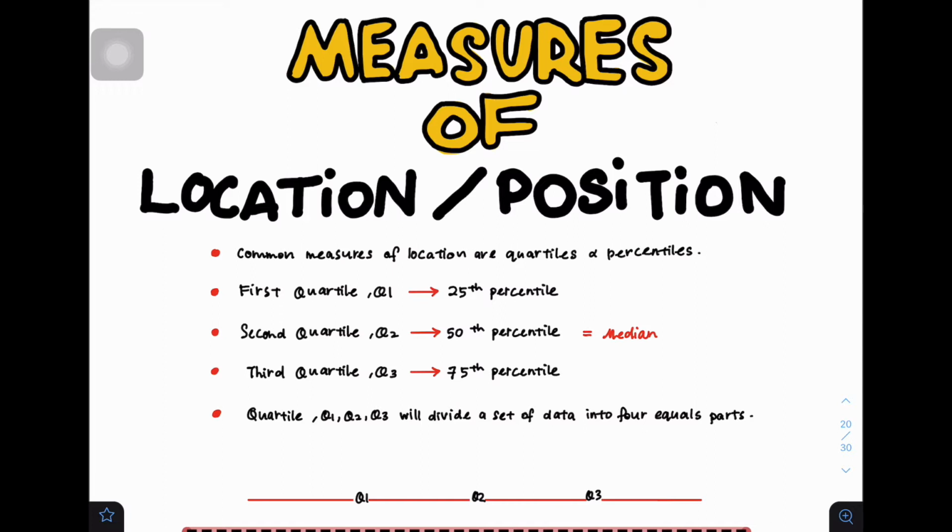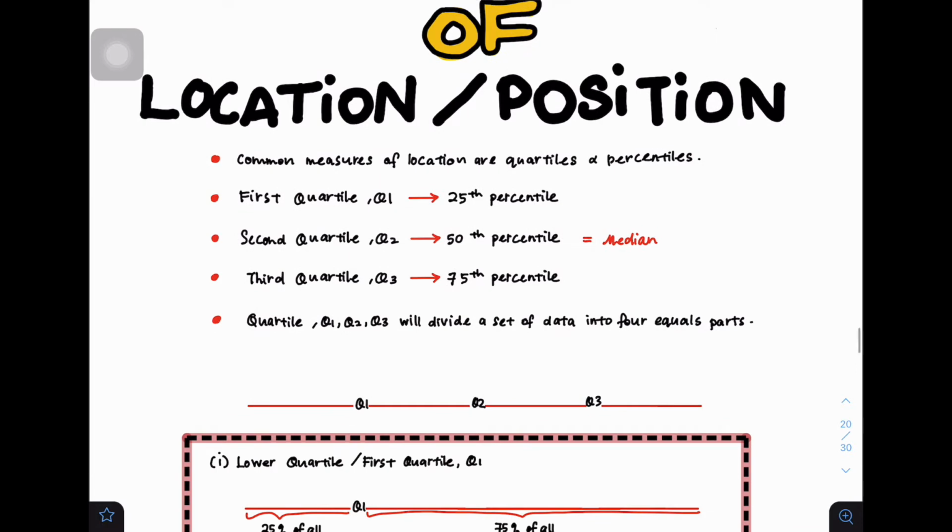So, quartiles Q1, Q2 and Q3 will divide a set of data into 4 equal parts. So, what is quartile? If we have a data set, okay, contohnya kita ada 100 data set, katakanlah kita punya data ni lies on the red line.